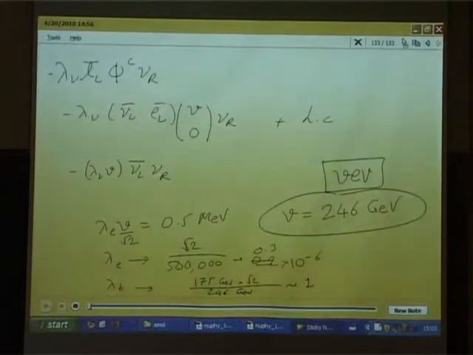Okay, so given this, now you can tell me what is lambda nu. So let's say the mass of a neutrino is, we know it is less than 1 electron volt. So let's take 1 electron volt. So if the mass of a neutrino is 1 electron volt, what will be lambda nu?